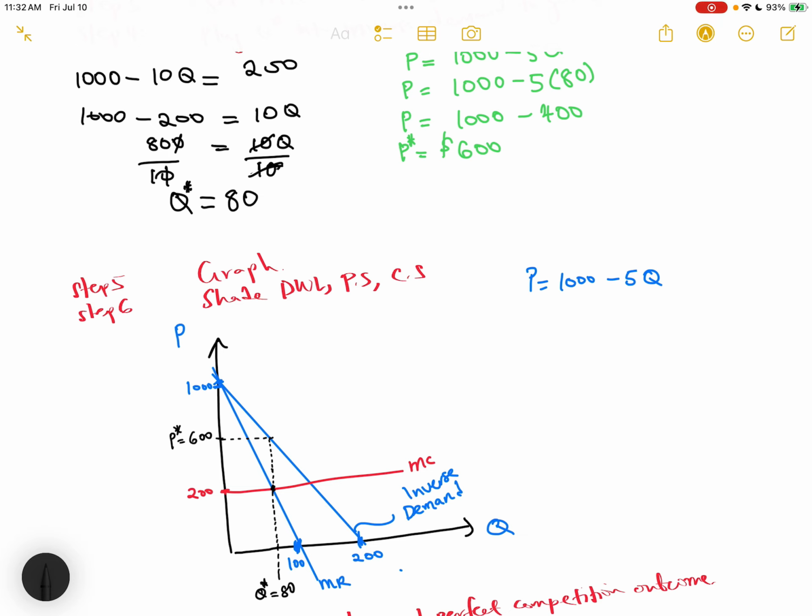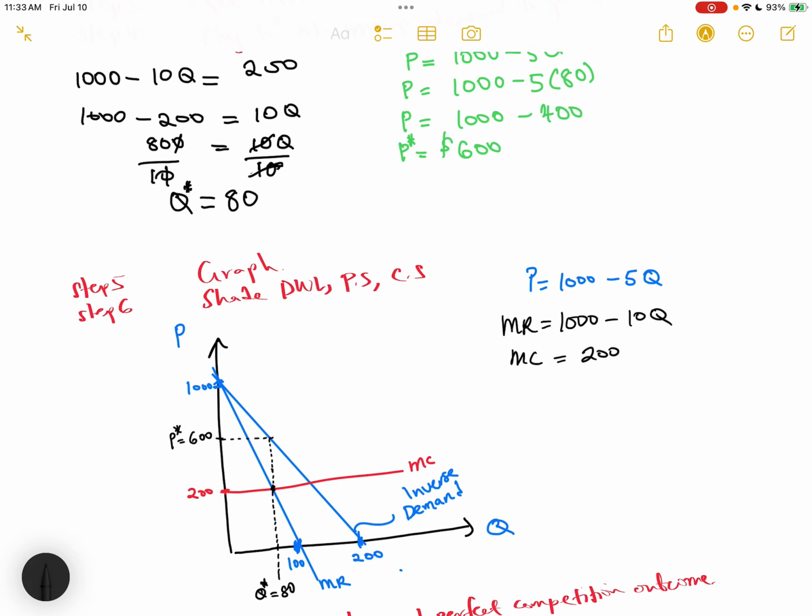Okay, so we've just graphed our inverse demand curve and our marginal revenue, which was also 1000 minus 10Q. We graphed marginal cost equal 200. We graphed these three curves and we saw where the marginal revenue intersects with the marginal cost.